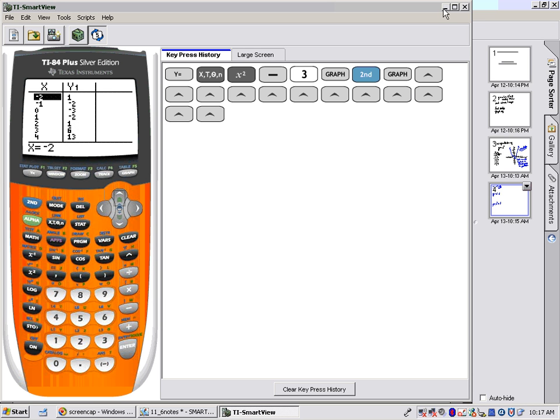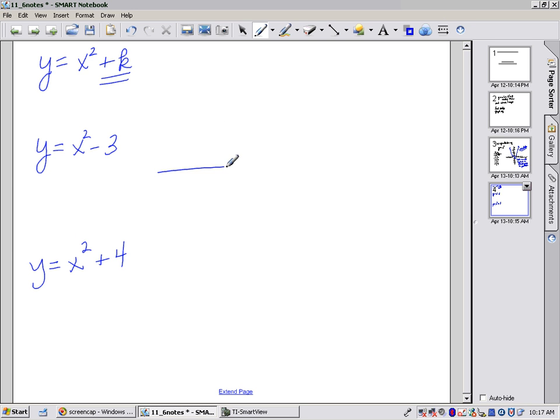So what is the vertex of that? Look at the graph, it really was now down at negative 3, and 1 was at negative 2, right? And then 2 was at 1.